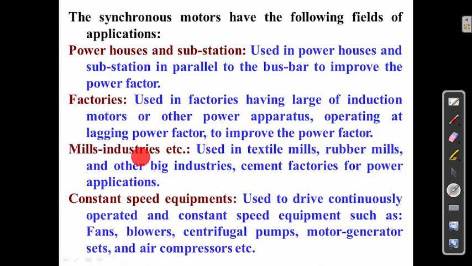Then in mills and industries, they are used in textile mills, rubber mills, and other big industries, and cement factories for power applications. Then as constant speed equipment, they are used to drive continuously operated constant speed equipment such as fans, blowers, centrifugal pumps, motor generator sets and air compressors, etc.